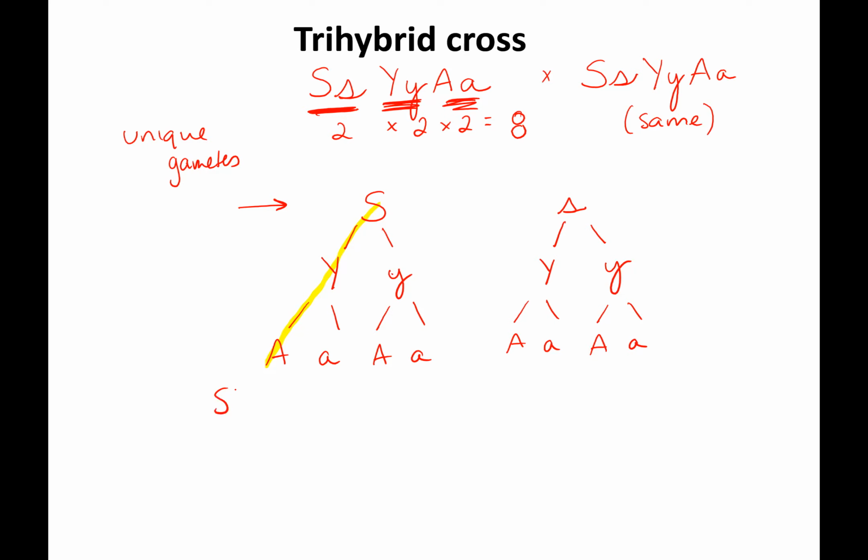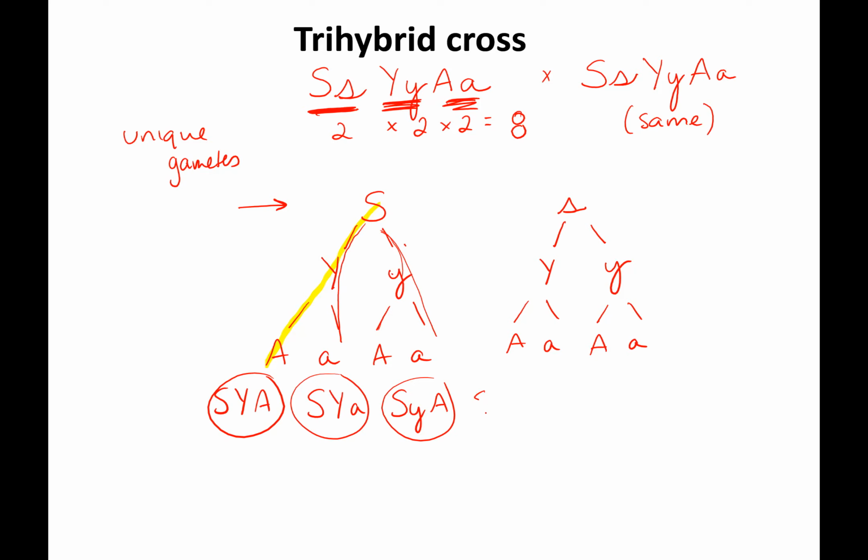I have S Y A in one gamete, and if I follow this line down this way, I get S Y A, S little y big A, S little y little a, and you keep going.